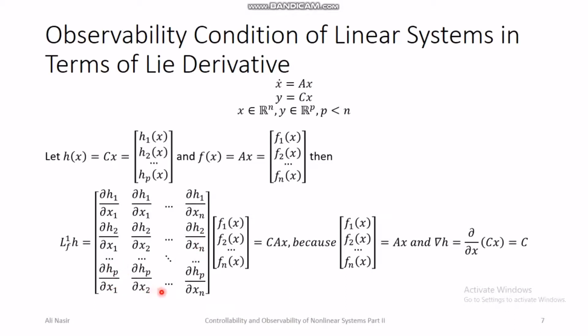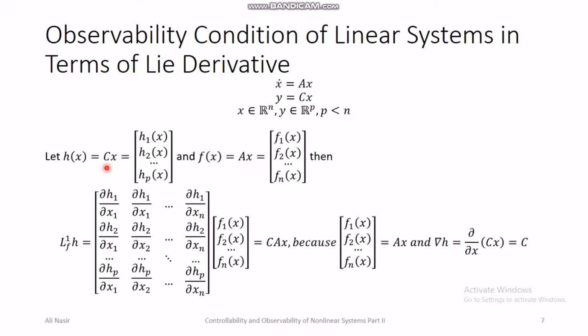This should be x2 here, there is a mistake. This will be the del of h. So del of h times f of x will be the Lie derivative of h with respect to f. We don't have to take del of h in this manner. We already know that if h is C times x, then del of h will be just C, because that is the derivative of C times x with respect to x.